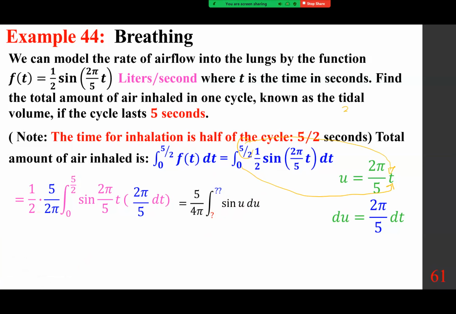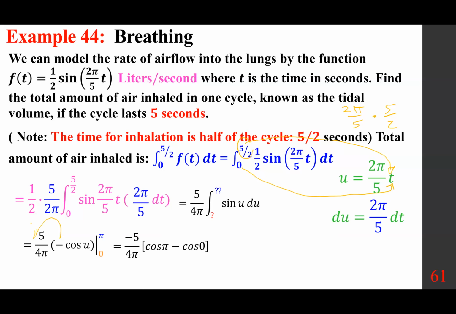So you get 2 pi over 5 times 5/2, and that's pi. So I can take this negative out and put it as negative 5 over 4 pi. Then cosine of pi minus cosine of 0. As you know, cosine of pi is -1, minus cosine of 0 is +1. So minus +1. So this whole thing is -2.